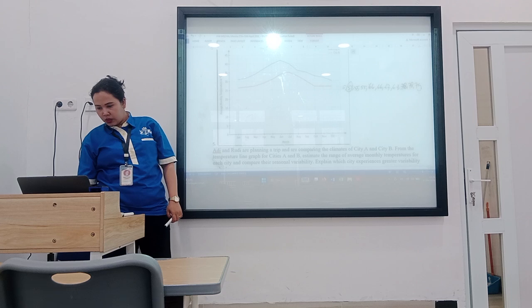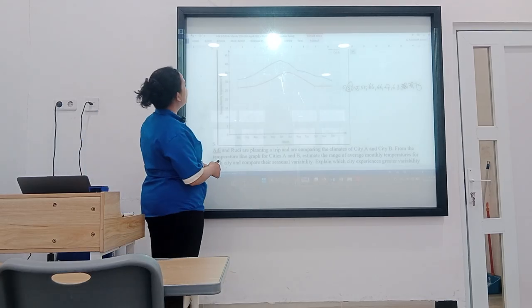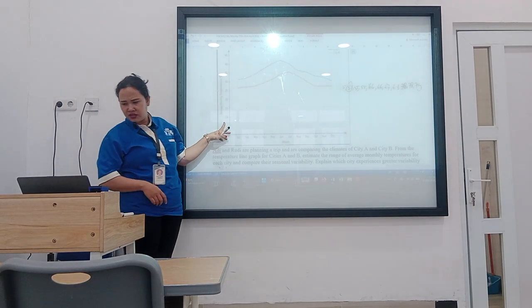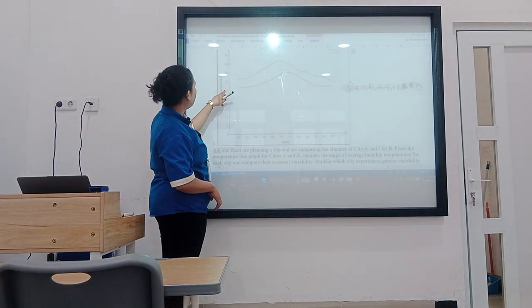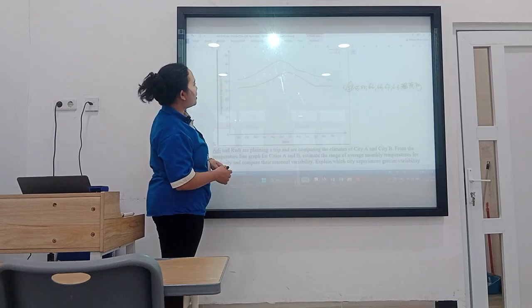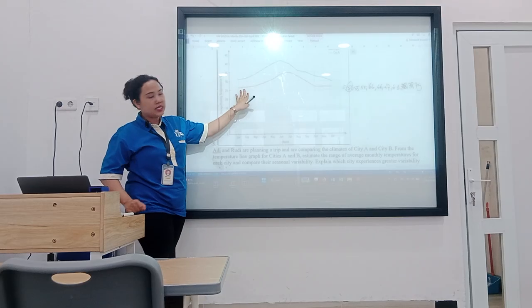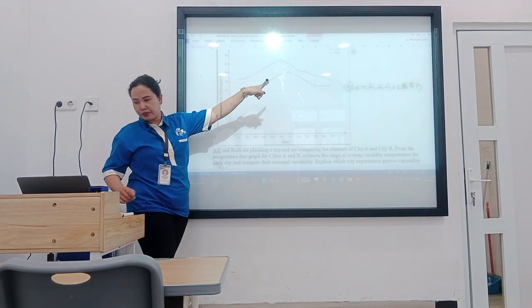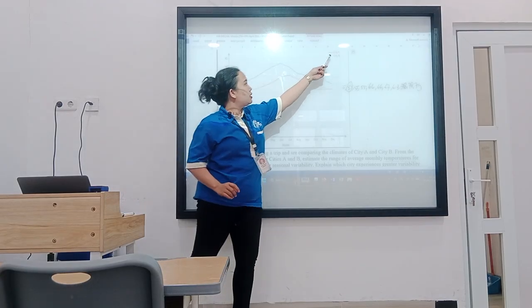The highest temperature for city A: I can see 5, 10, 15, 20, 30, 35, 40. City A is the red one.